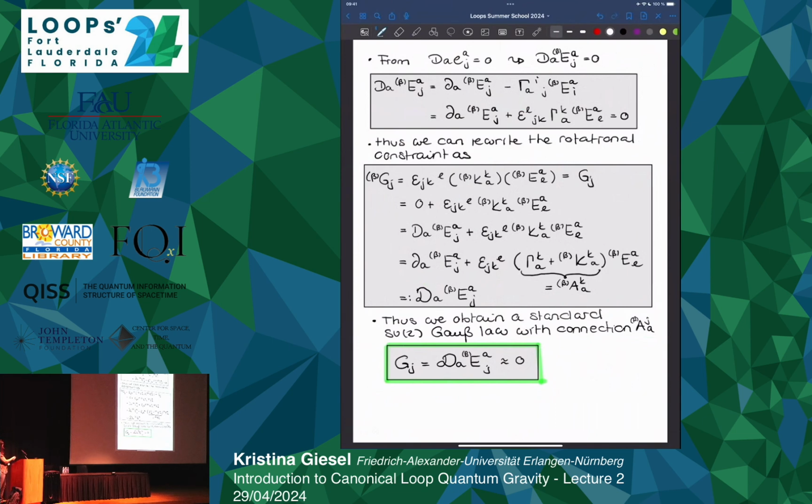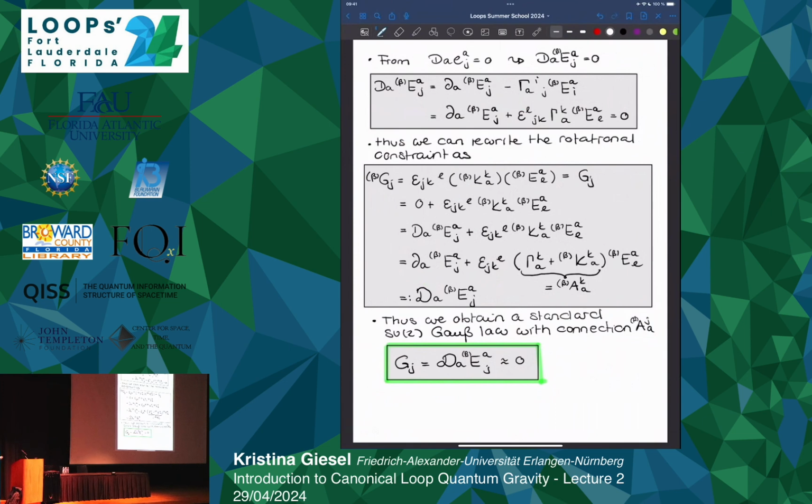So we already discussed that metric compatibility in terms of triads means that the covariant derivative contracted with the triad vanishes for all j. We can carry this over to the densitized triad, then it has this form.